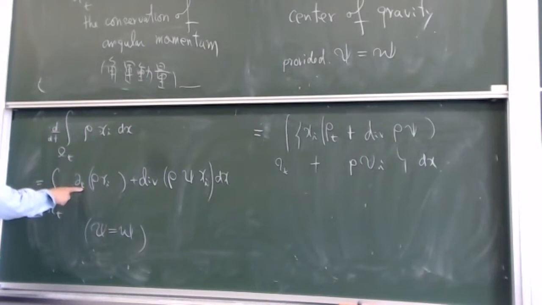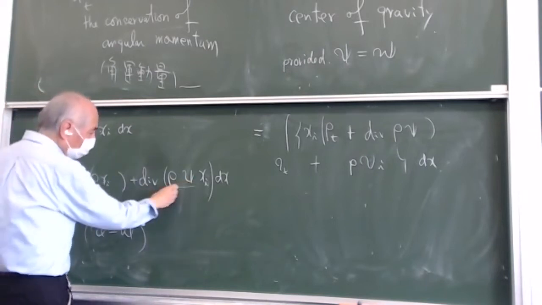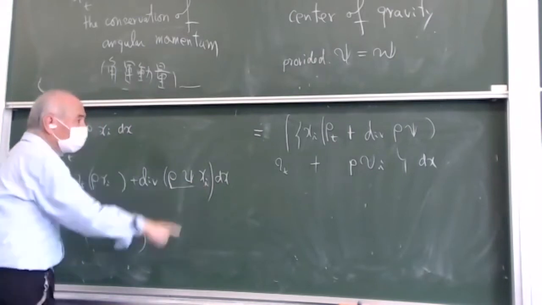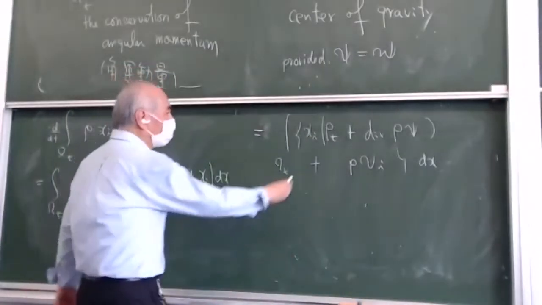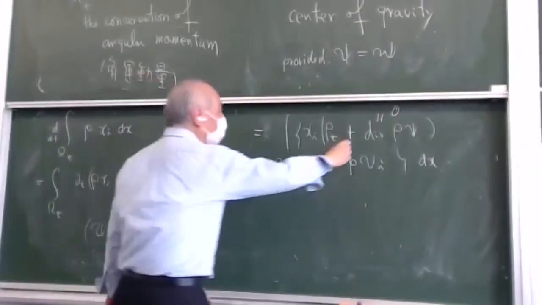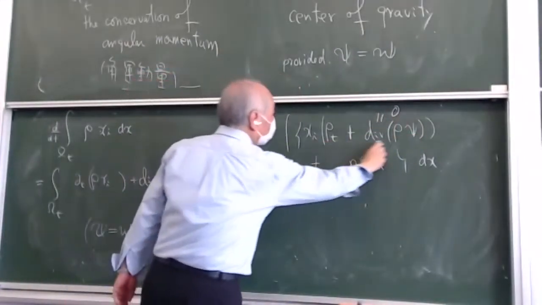This is just d/dt. But the divergence applies here, and also right here, so you have two terms. And then this is zero. This is the conservation of mass, so this is zero.